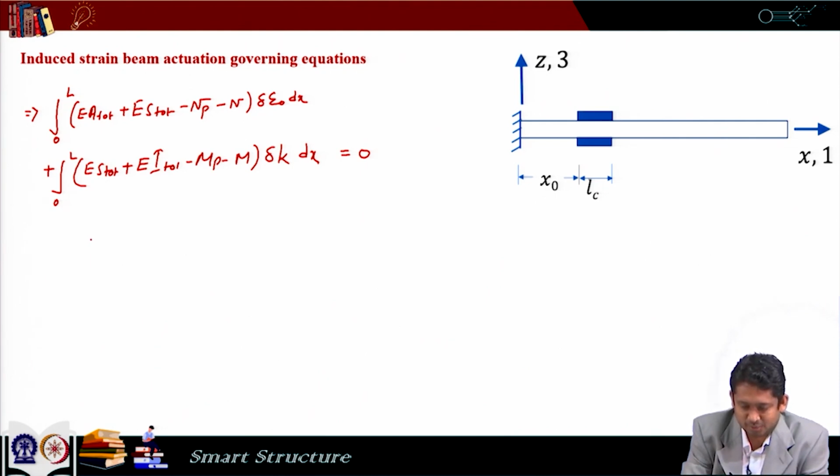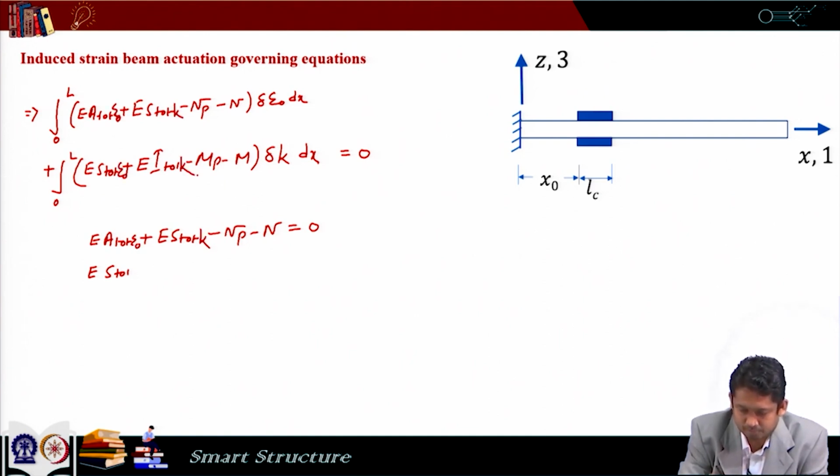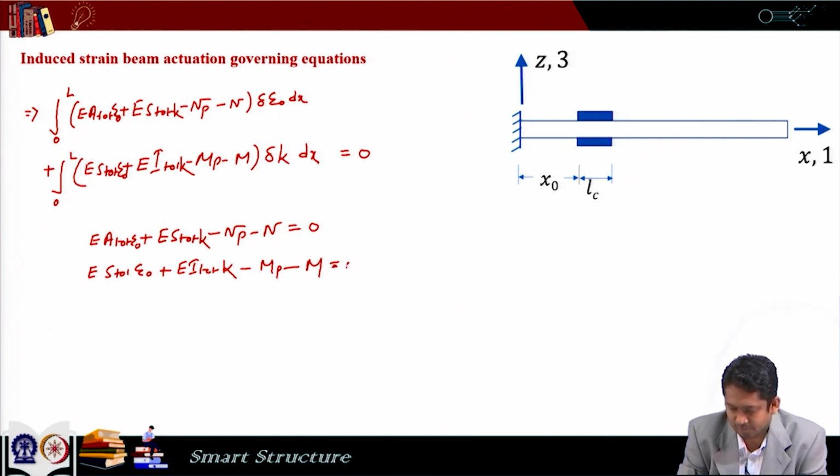So, that gives me again these two equations: E A total epsilon 0 plus E S total kappa minus N P minus N equals 0, so we have epsilon zeros here, and E S total epsilon 0 plus E I total kappa minus M P minus M equal to 0.